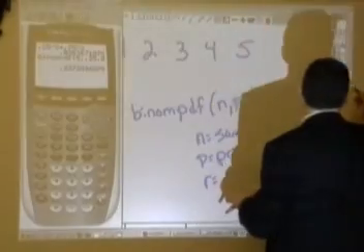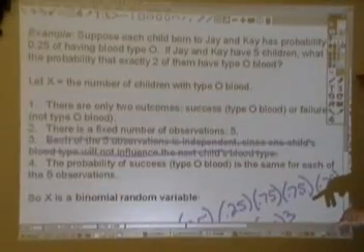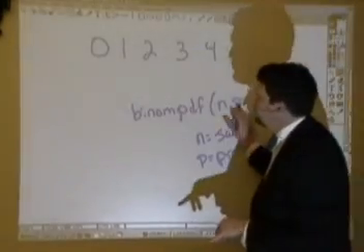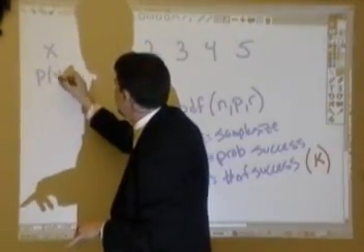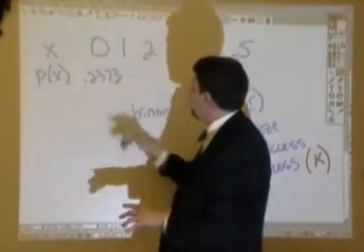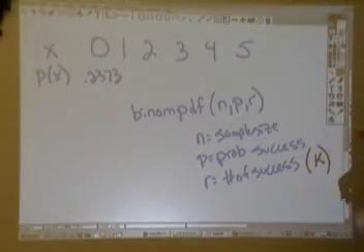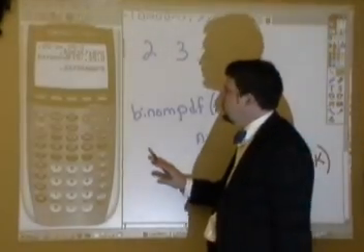So as I make this model, here's X, here's the probability of X: 0.2373.